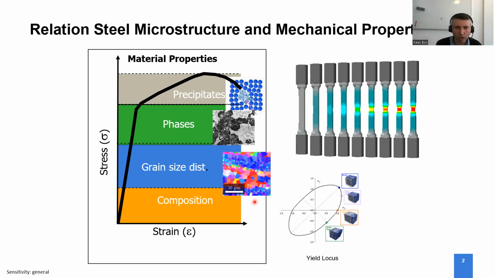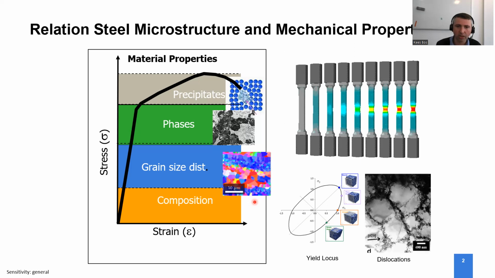And we're talking about deformation, so there is one other microstructure element that is important, which is not shown yet. That's the dislocation structure, which is interacting with all these microstructure elements like composition, grain size, phases, and precipitates. So if we want to have a well-controlled steel product, we have to control the microstructure so that we can get good control over our mechanical properties.